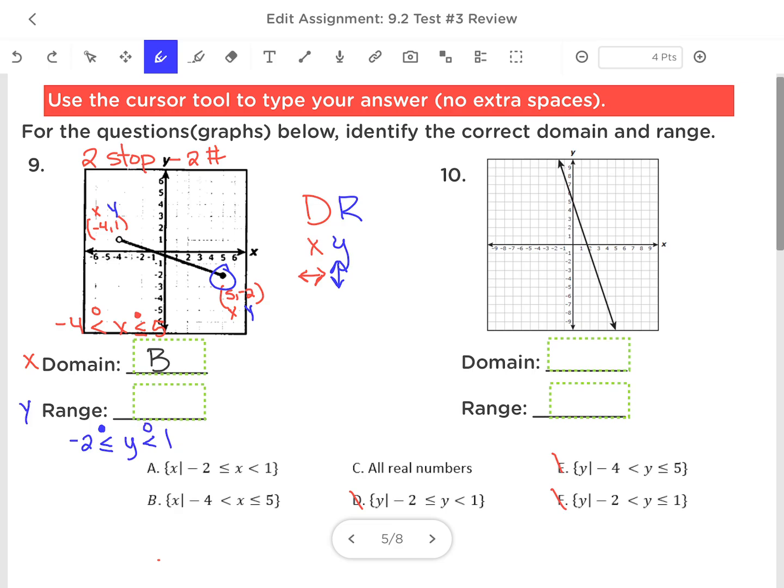Now because we're talking about the range, we want the ones that have a y with it. So we don't want A or B for this one, but we're looking for negative 2 to 1. We have 2 options. We have F, we have D. We have to pay attention to the no line or line, which negative 2 had a line under it, so that means we want answer choice D. So F would not work.